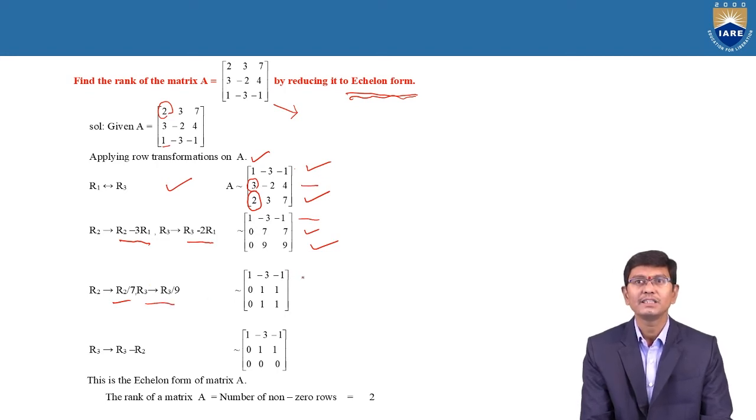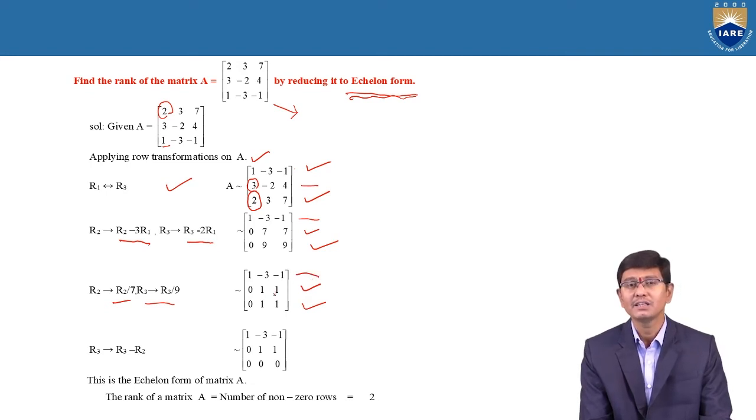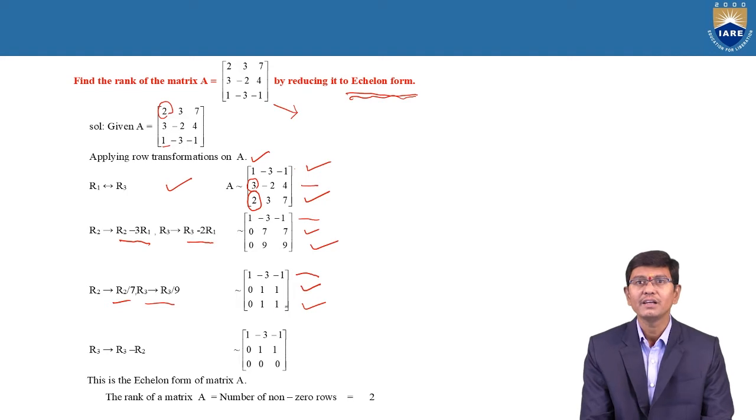Therefore, the matrix is changed to R2 as 0 1 1 and R3 as 0 1 1, but we are not disturbing R1, so 1 minus 3 minus 1 is the same. Again, here we apply R3 minus R2.